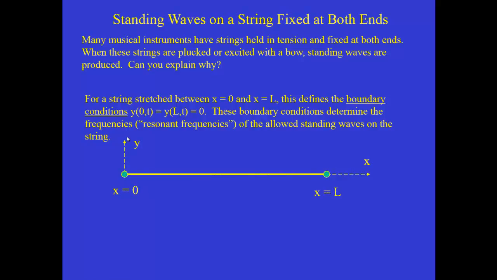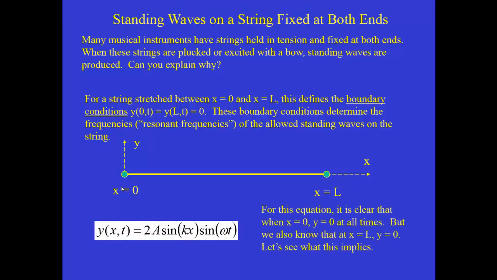So here's a picture showing the x and y directions and imagining that we have a string that's fixed at x equals 0 and x equals L. So here's our standing wave function, and you can see that when x is equal to 0, this function will always be 0 no matter what the value of the time is, because the sine of 0 is equal to 0. However, we also know that that has to be true at x equals L as well.